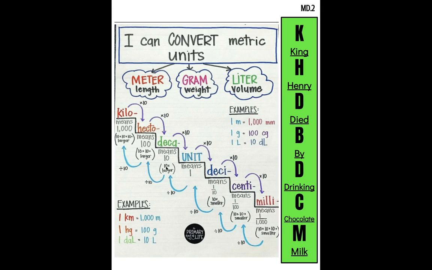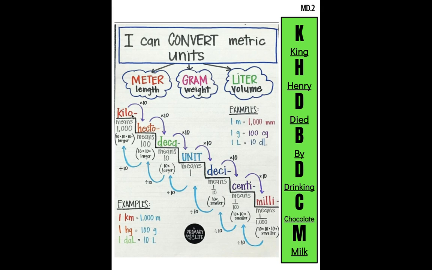Okay, so if you look, when you go up, a decameter is 10 times larger than the meter. So a decameter is 1 times 10. So 10 decameters equals 1 meter.